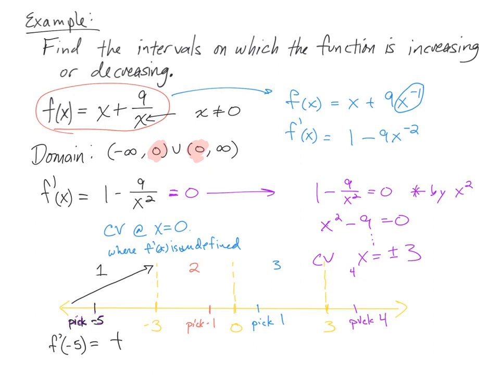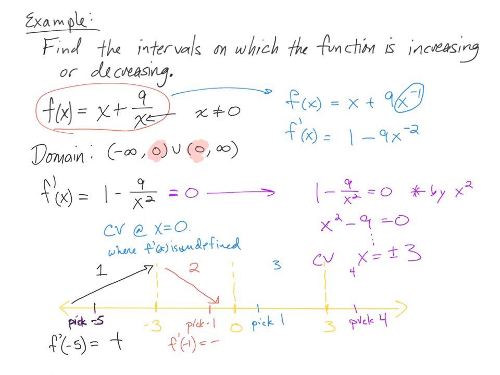The next interval between negative 3 and 0, I picked a negative 1. If I put negative 1 into the derivative, f prime of negative 1, I will get, what is that? Negative 1 squared is 1. 9 divided by 1 is 9. So I'd have 1 minus 9. Boy, that's a negative 8. This would be negative. So this would be decreasing.